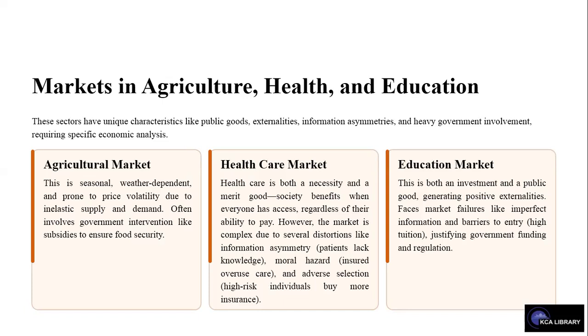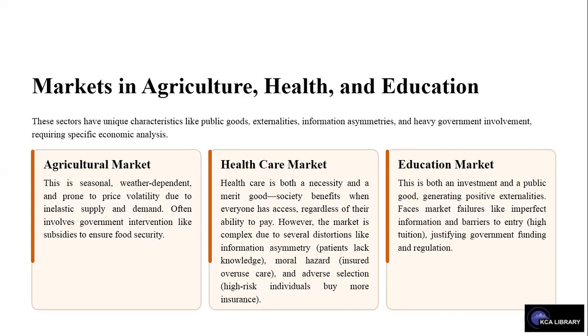For the healthcare market, healthcare is both a necessity and a merit good, which means society benefits when everyone has access, regardless of their ability to pay. However, the market is complex due to several distortions like information asymmetry, where patients lack knowledge, moral hazard, where the insured overuse care, and adverse selection, meaning high risk individuals buy more insurance.